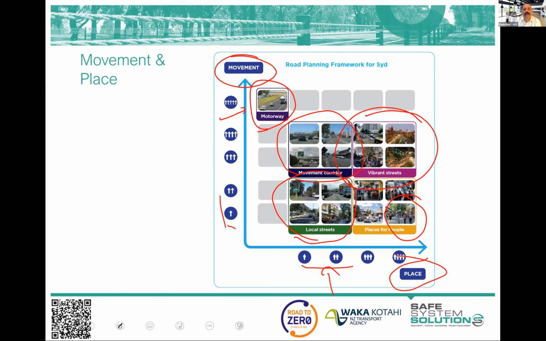These are often your high streets, and they've originally started as a movement corridor, and then place has built around them because of the number of customers, and that's how your network has evolved.